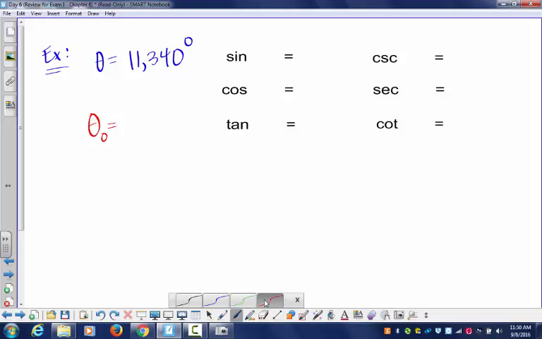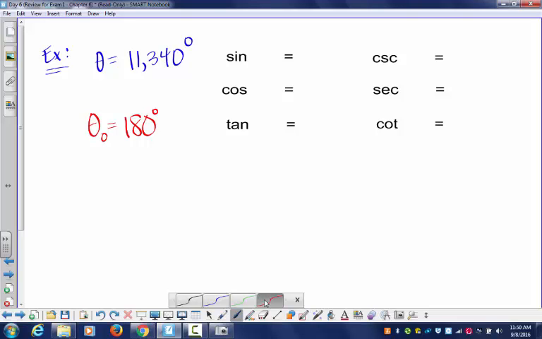So here we have 180. The way that I think is the easiest way to do this, if you take your big crazy angle and you divide it by 360, what did I get? Did I get 31.5? Okay, 31.5.